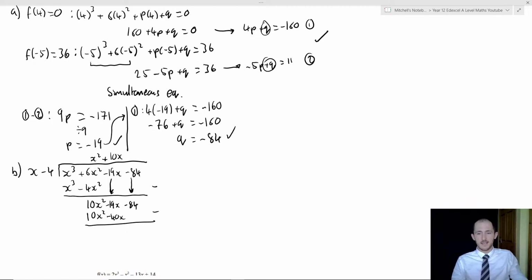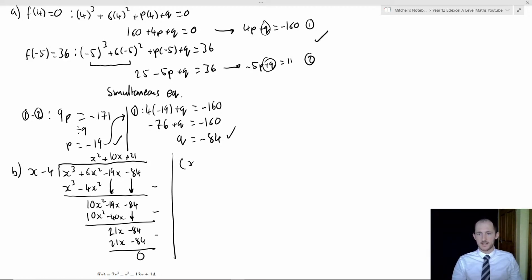Minus 19 minus minus 40 would be minus 19 plus 40, which would be 21x. And the 84 should come straight down. Yep. Again, divide. So plus 21. Times it again, 21 times minus 4 will be minus 84. All cancels out. We're good to go.